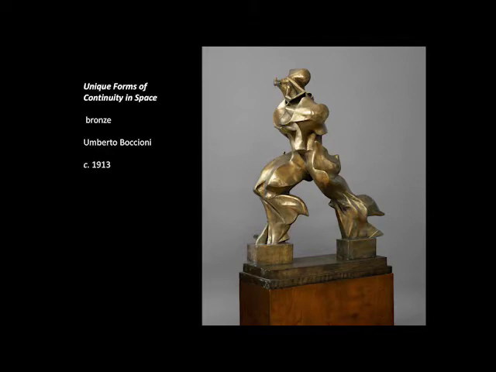Now, even in sculpture, and this is a cubist sculpture, so much like Nude Descending a Staircase, a still sculpture can still really indicate motion. We see the legs, the person walking, unique forms of continuity in space is what it's called.